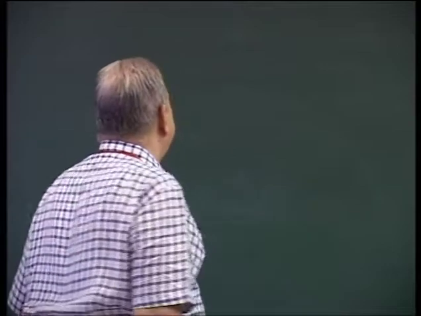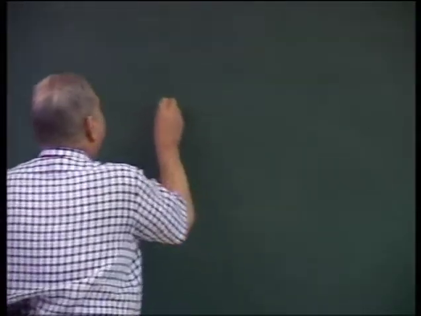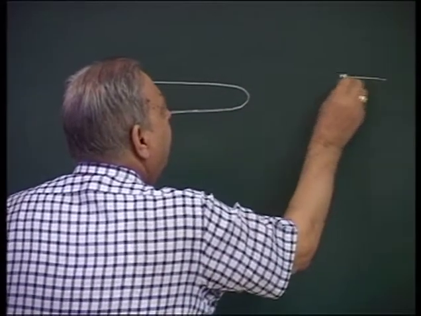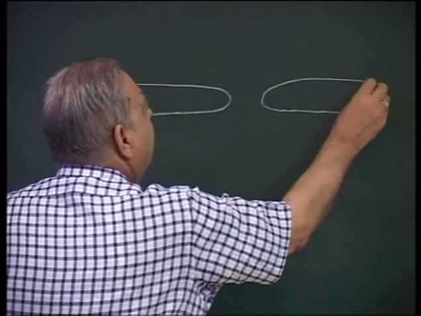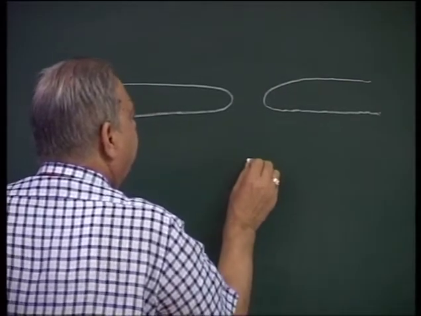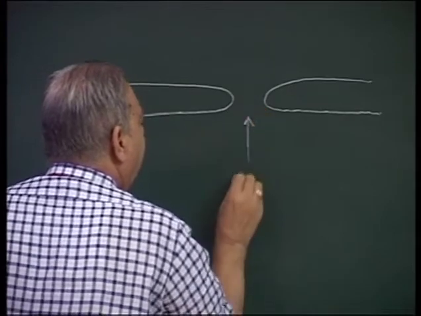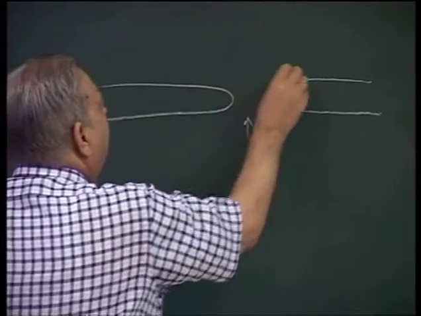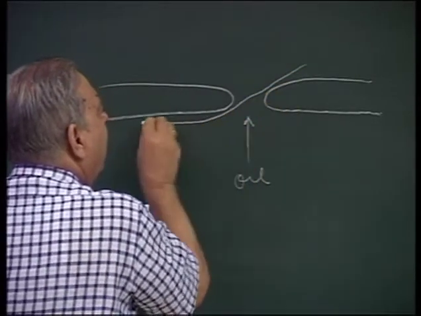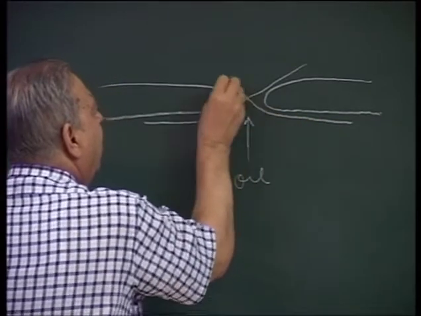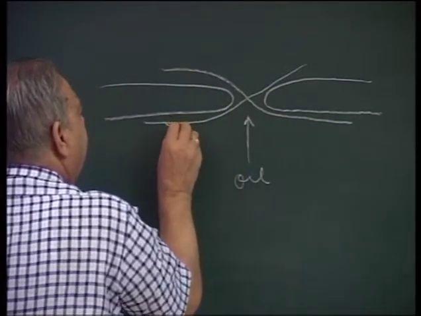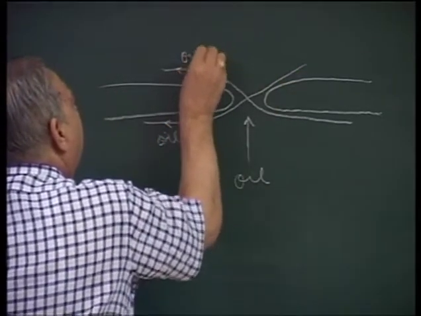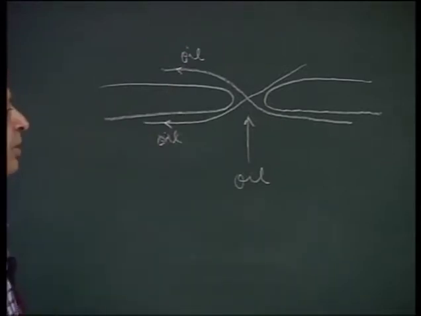So what is done is that between the contacts we can force the oil to blow out the arc, or we can force the oil here to flow like this.